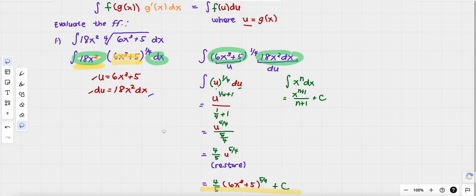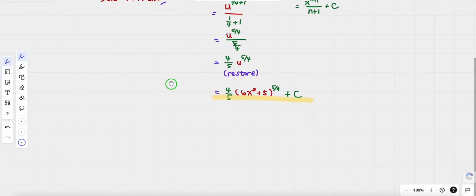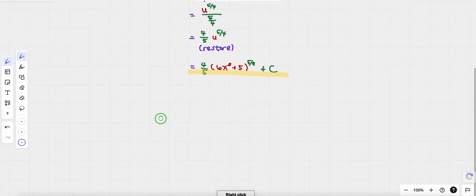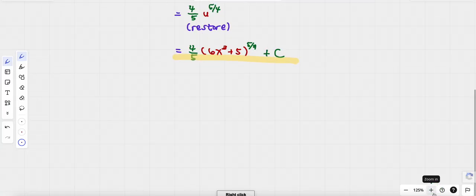So let's have another example wherein we have to add what we call a neutralizing factor. We have to neutralize the integral. So another one, example number 2.